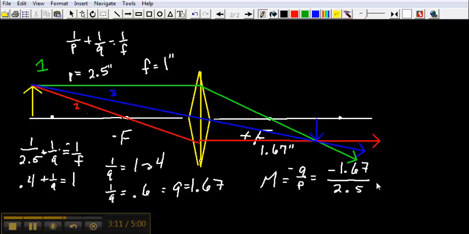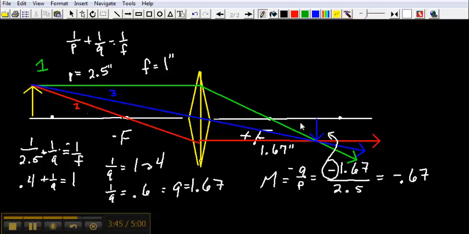So if this is about 2/3, then that means this would be about 2/3 of that size, and that looks about right. But one of the key things we need to notice is this is negative. That's what tells us it's inverted. The negative value on the magnification is going to tell us that it's inverted, because that comes out to about negative 0.67, about negative 2/3.